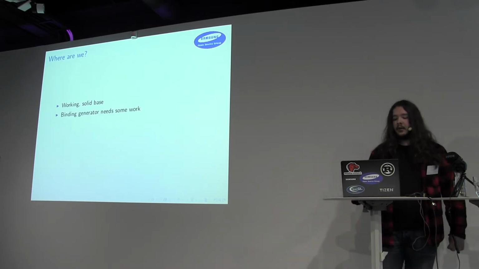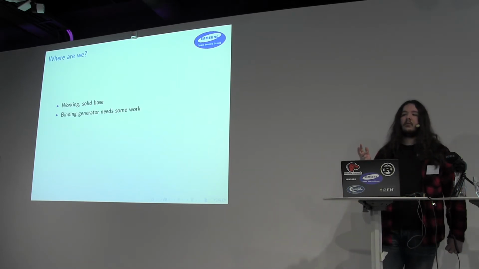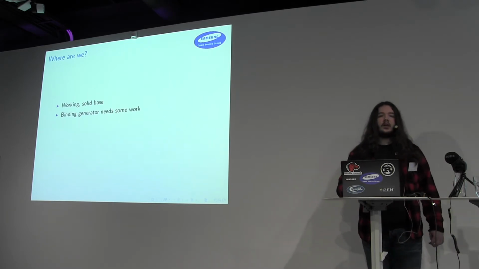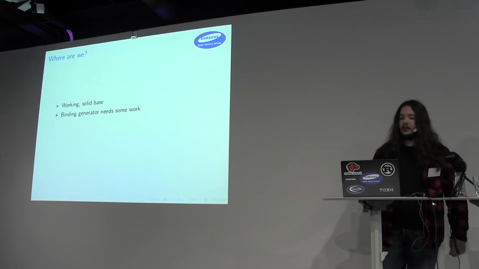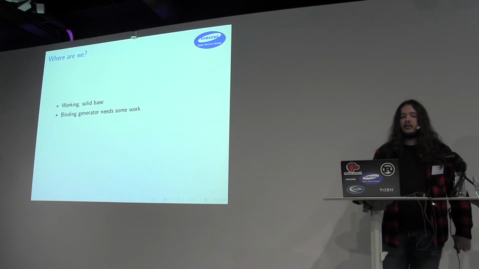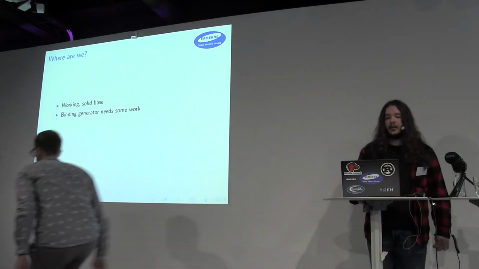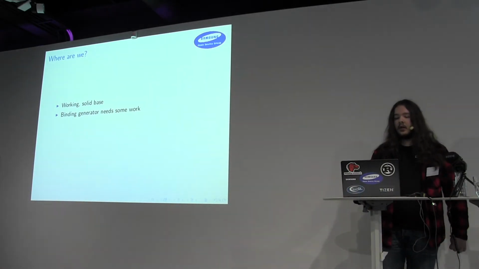After a few months of work, the binding generator needs some work, such as we need to generate documentation in some format, which we are not yet sure what format. There are not too many good documentation generators for Lua.